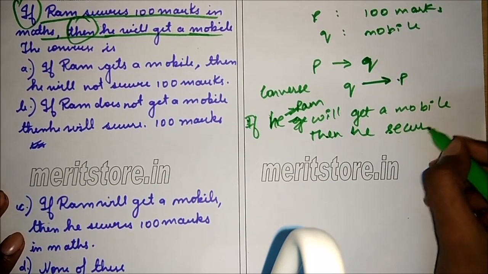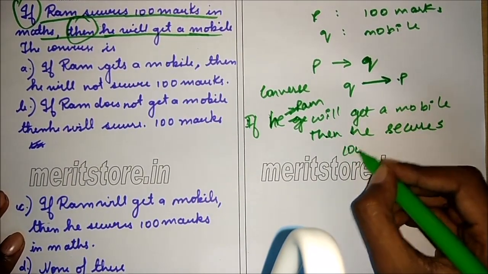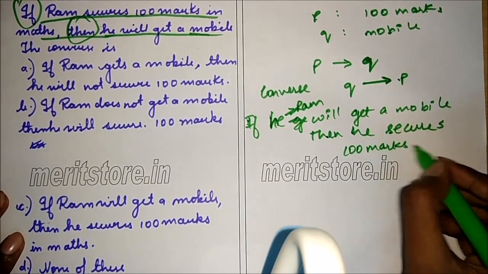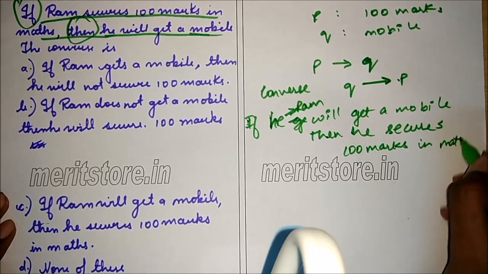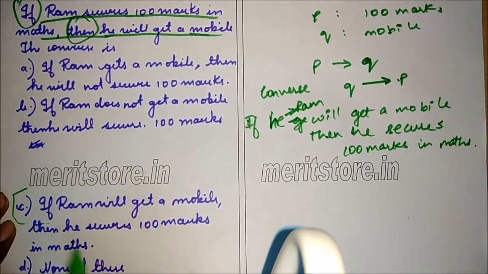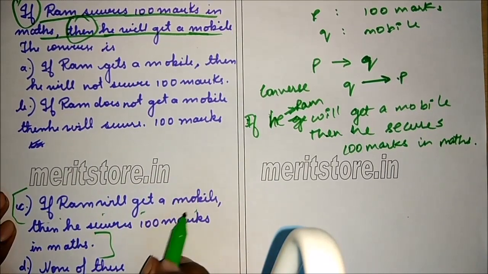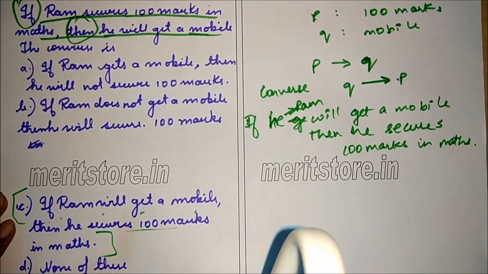So this will be he secures 100 marks in maths, which is option C. If Ram will get a mobile, then he secures 100 marks.